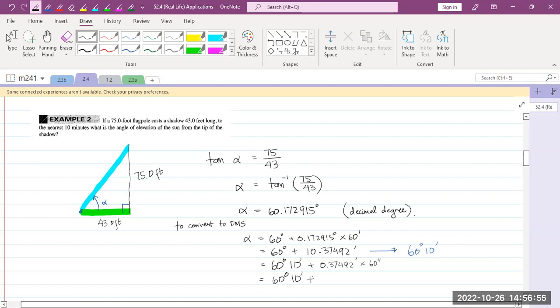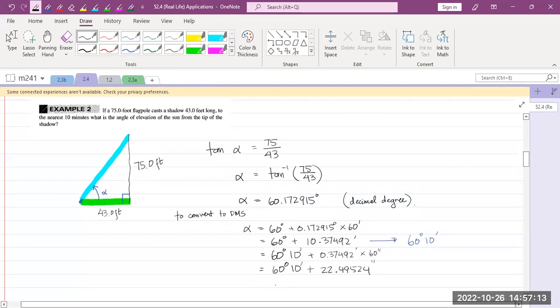So subtract that 10, I get only 0.37492 multiplied by 60, I get 22.49524 seconds. Now, if I round it to the nearest second, that will be 60 degrees, 10 minutes, 22 seconds.